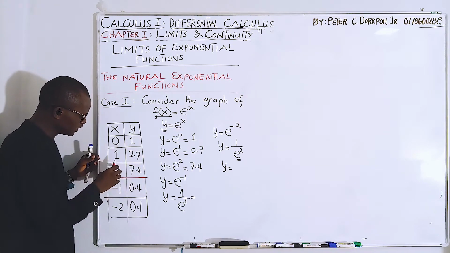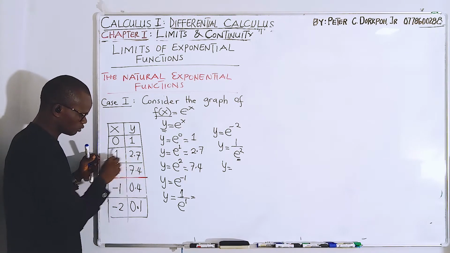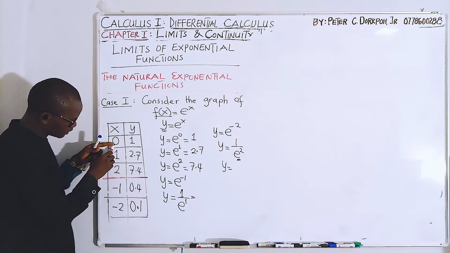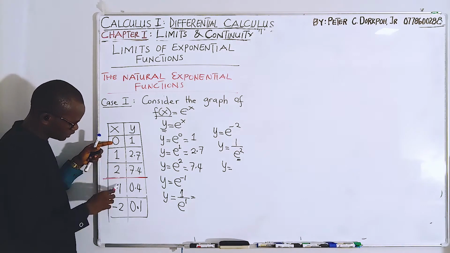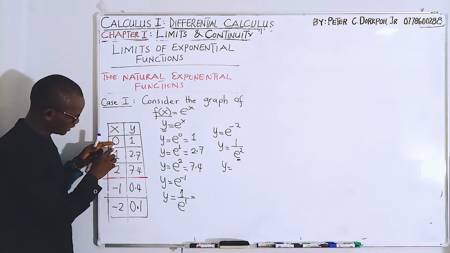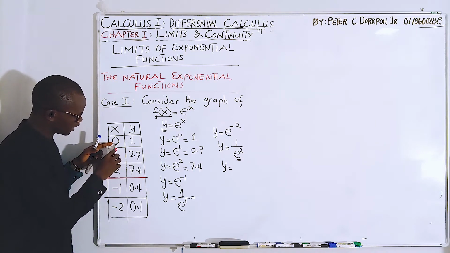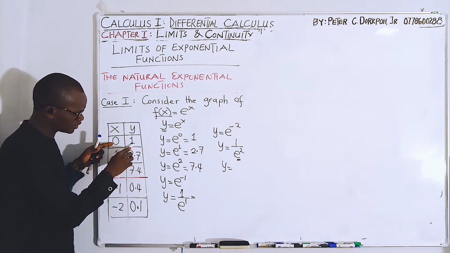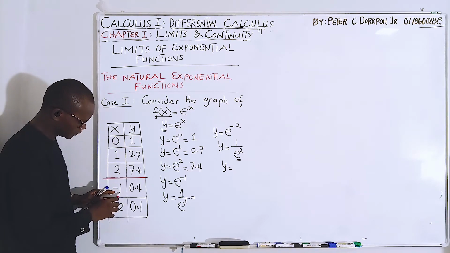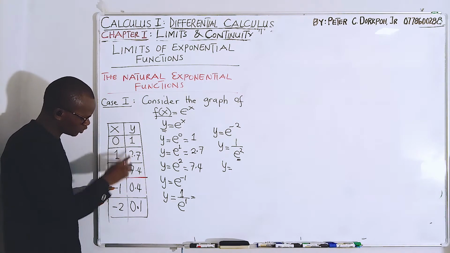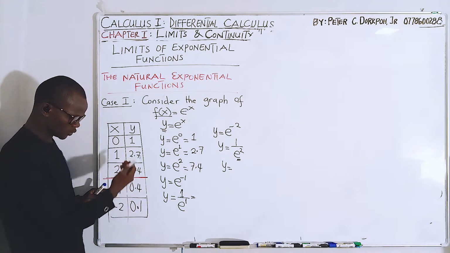Now, let's ignore this positive portion and let's consider from 0 now to these negative values. As x takes on 0, you have positive 1. So y is equal to positive 1. As x takes on minus 1, from positive 1, you have 0.4. So it is reducing.